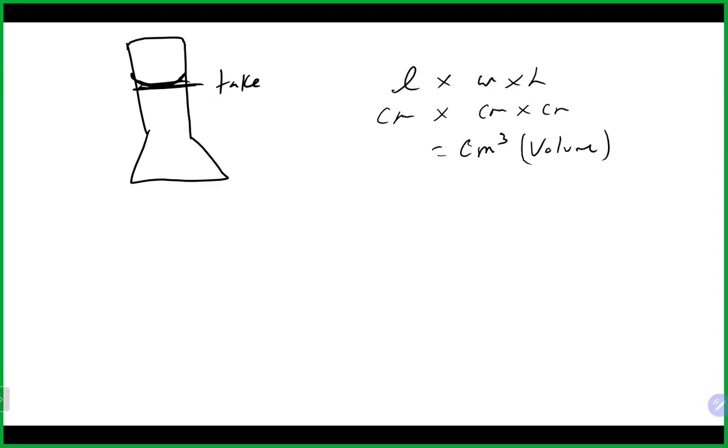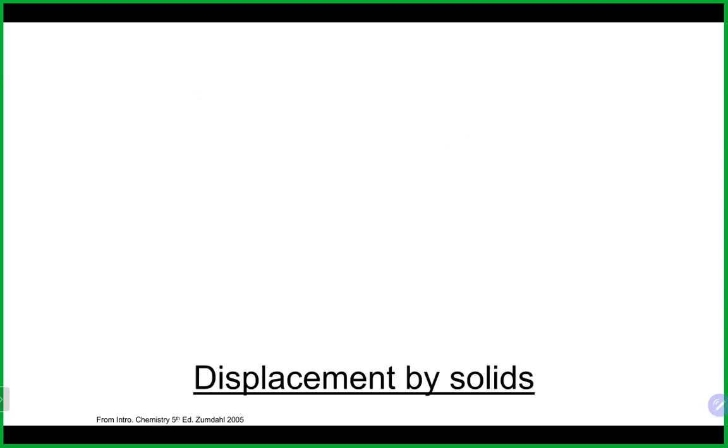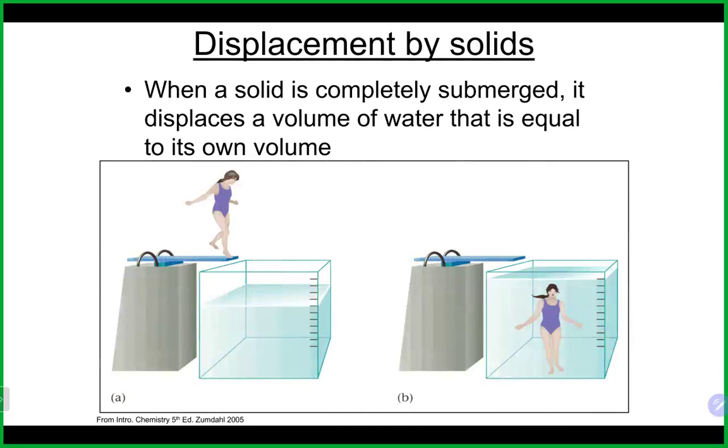So a third way that we could get the volume of an object, usually a solid object, which is very common, especially with density, is what is known as volume by displacement. Volume by displacement means that we essentially put an object in water, and when that solid object goes into something like water or a liquid, it will displace a volume that's equal to its own volume.